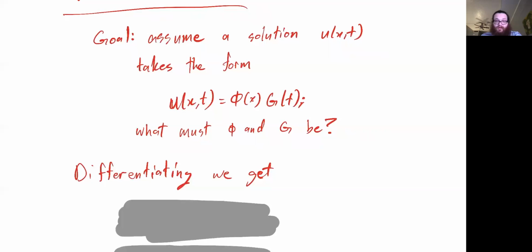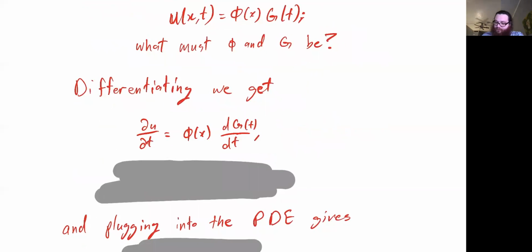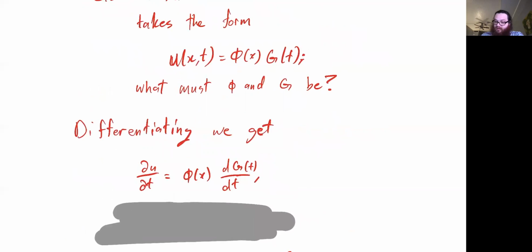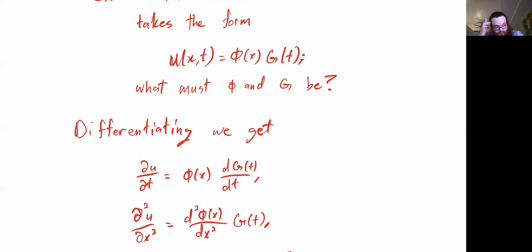We're working with the differential equation, so let's go ahead and differentiate. Take the time derivative, right? Only g depends on time, so the time derivative of u only affects g. Likewise, if we take the second spatial derivative of u, only phi is affected and not g, okay?